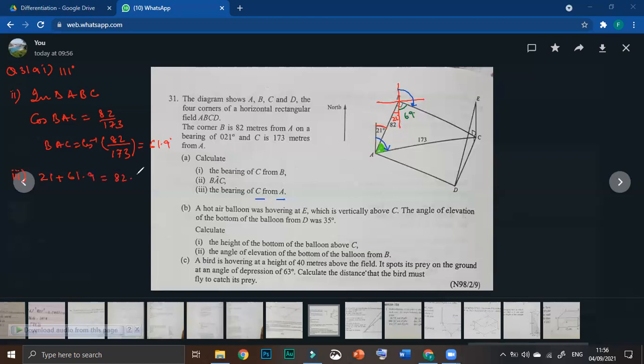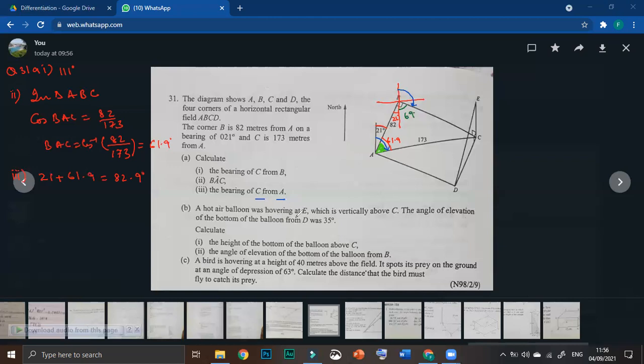We will add these two angles, 21 and 61.9. Is there any confusion? No, sir. Okay.